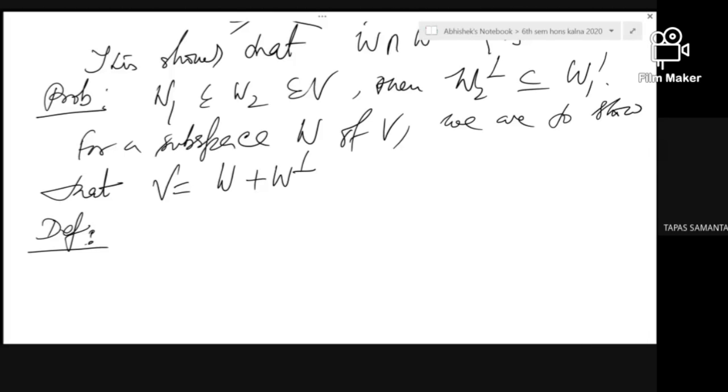Let us define. To do this representation, that is, to express the vector space V as a sum of W plus W perp, we need to have at our hand some kind of special basis that has some properties.